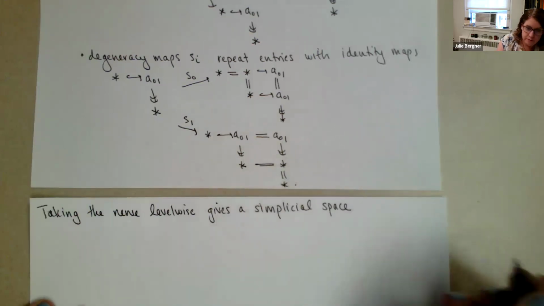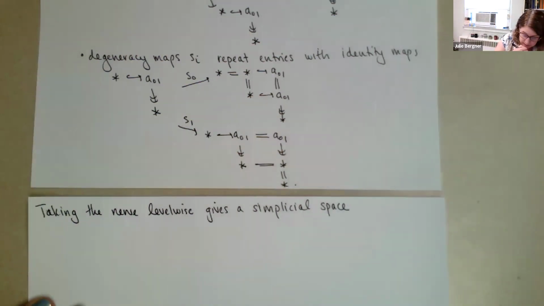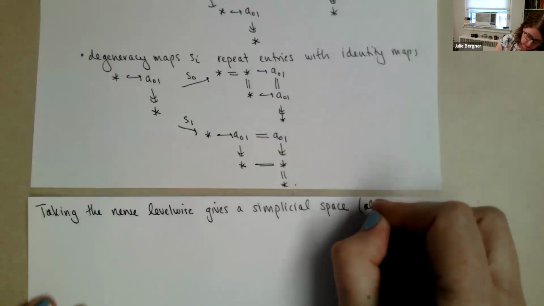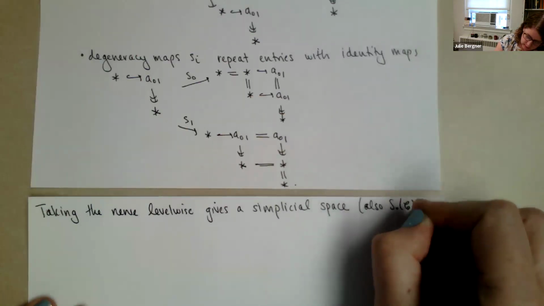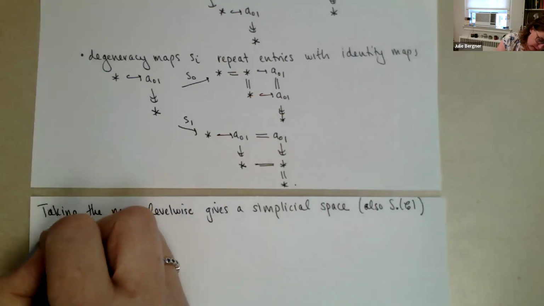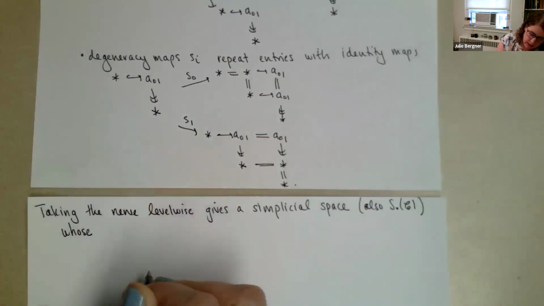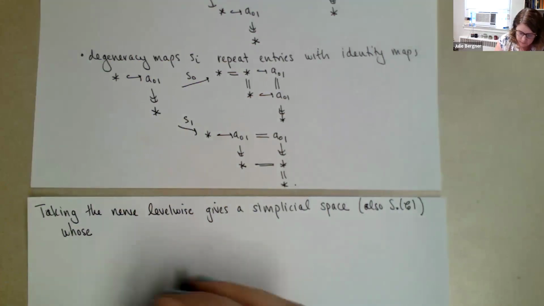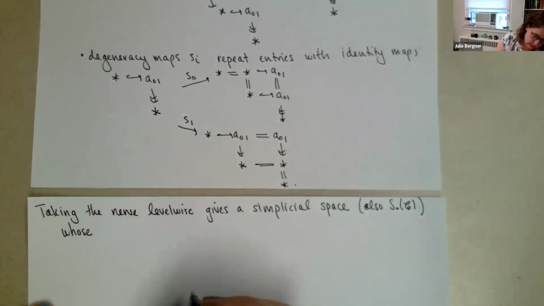And just by abuse of notation, because this is mainly what I'm usually going to work with, I'm also just gonna write this as S dot C. And now this has a realization, which is a simplicial set. In that case, it's just the diagonal, or there's a realization to get a space.